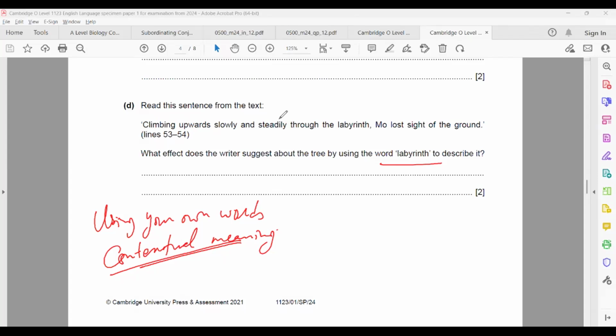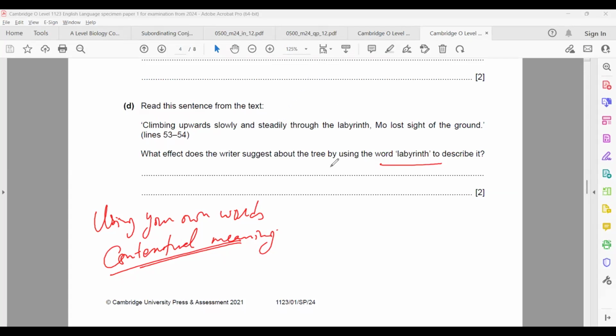Even when you check the meaning of a word in a dictionary, they'll give you multiple meanings for the same word, and they'll give you examples: if you use it like this, it has this meaning. That's called context: when, where, and how the word is used.